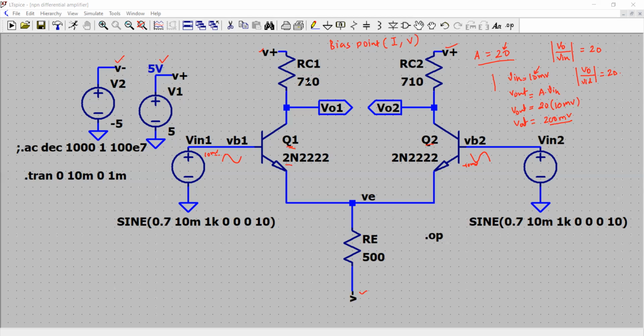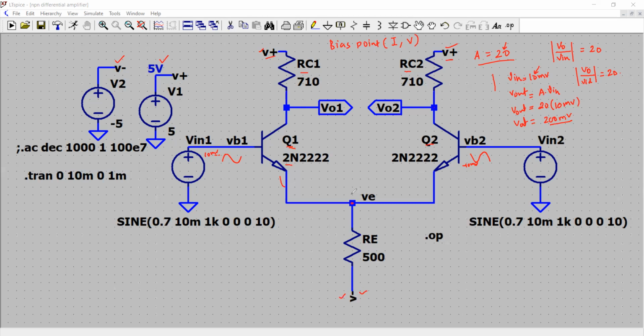I am using two resistors for the collectors. One end of them is connected to the collector pin of the transistors, and the second end of these resistors is connected to the positive voltage supply. Then the emitter pins of these two transistors are shorted together, as you can see right here.